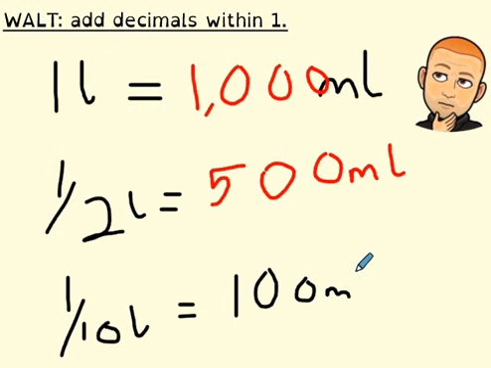What about 7/10 of a litre then? Well, if 1/10 is 100 millilitres, 7/10 would be 700 millilitres. Millilitres. I need to run out of space.